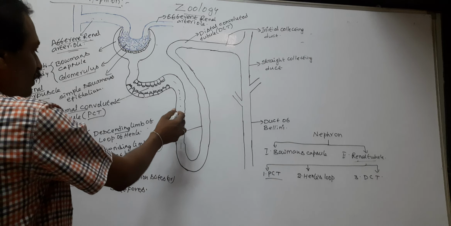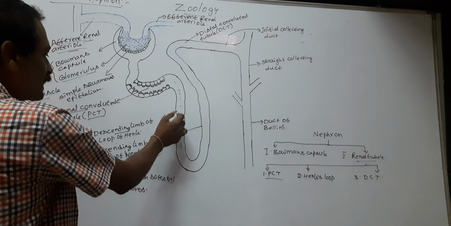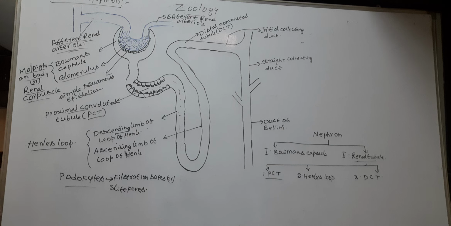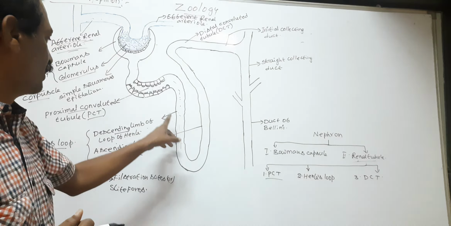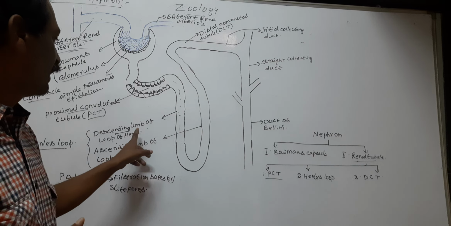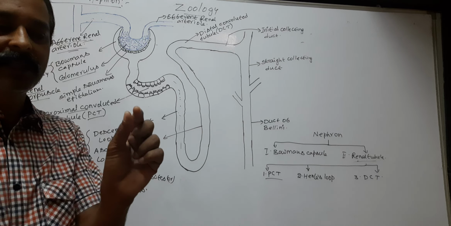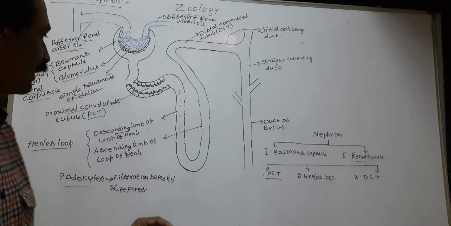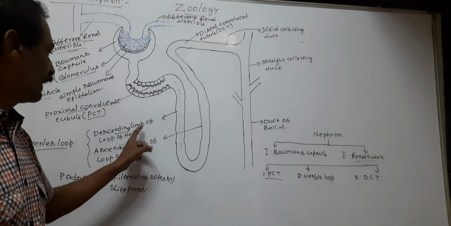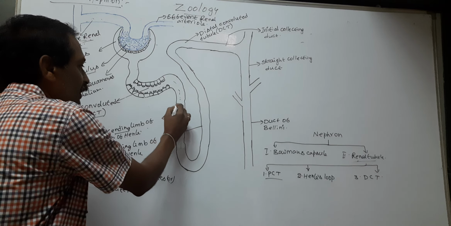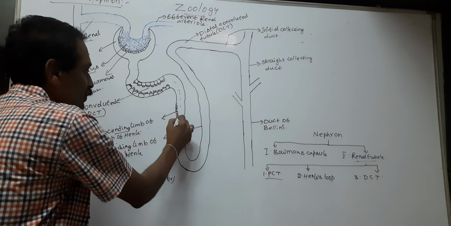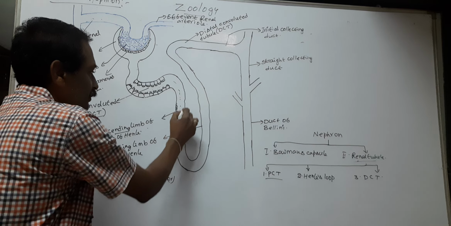Next, the wall of the descending limb of loop of Henle is lined by simple squamous epithelium. So the wall of the descending limb is very thin. The thin bordered descending limb of loop of Henle is lined by simple squamous epithelium.